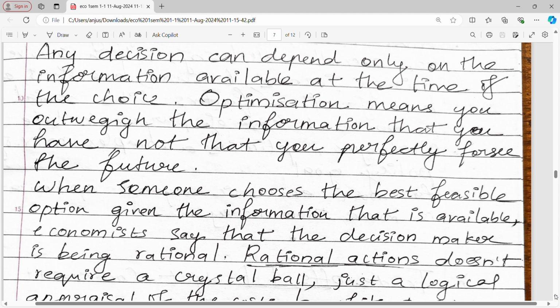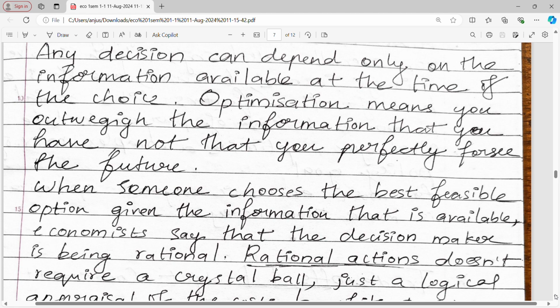Or you are planning a trip to Delhi or to Goa. At this point of time, the information that you have is that the weather is good, the climate is good, everything is good, and you travel there. The very next day, it rained heavily. You couldn't enjoy your vacation, your trip. That means you were not aware that the very next day it would rain.